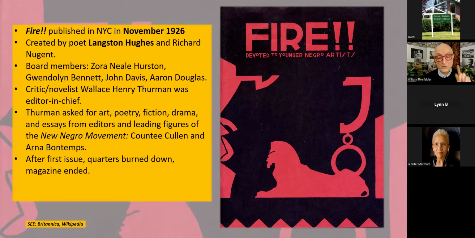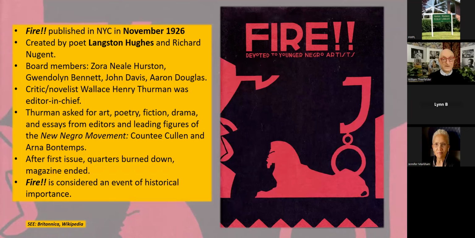So although this magazine had only one issue, Fire is considered an event of historical importance because of its far-ranging influence within the Black art and literary communities. And you can go online and actually get digital copies of this magazine still. It's really very impressive.